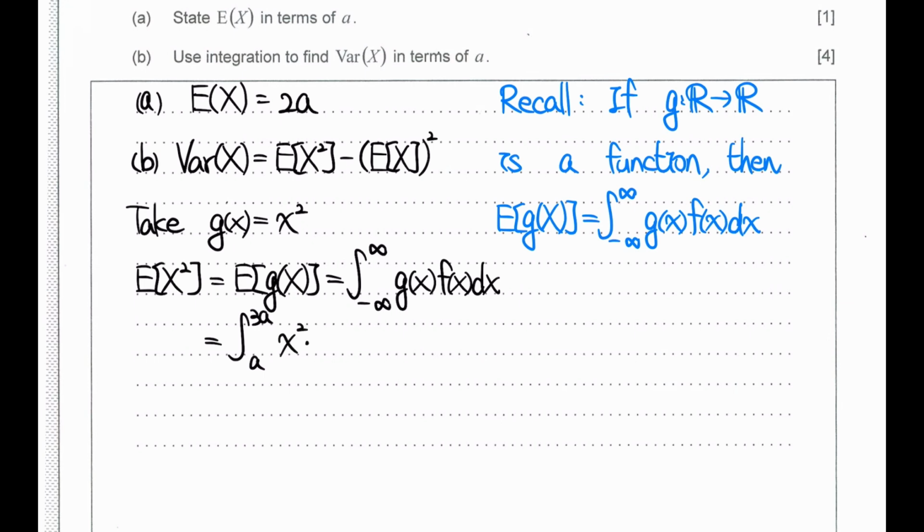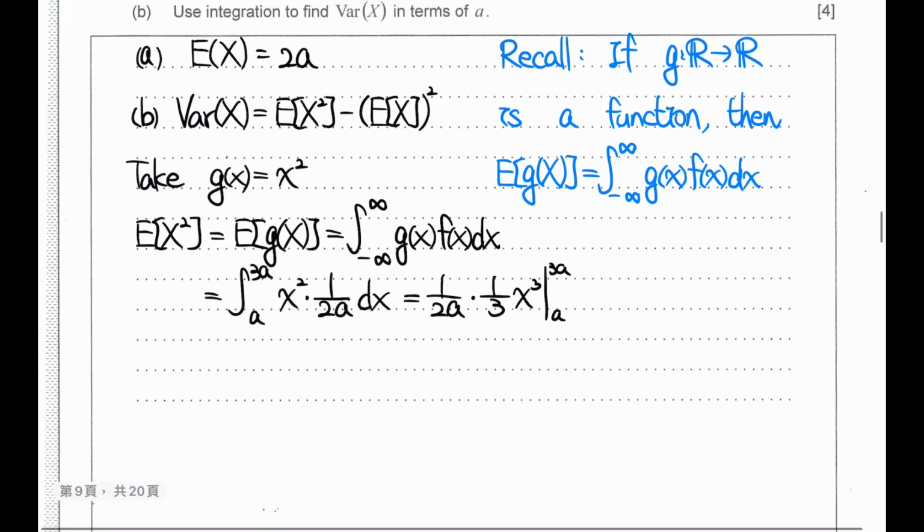And in this range, f of x is just a constant 1 over 2a. Okay, so this integral won't be hard. It is just 1 over 2a times 1/3 x cubed with limits a and 3a.